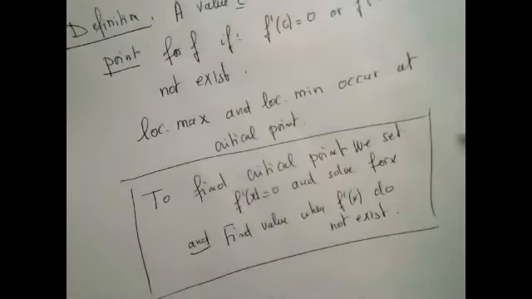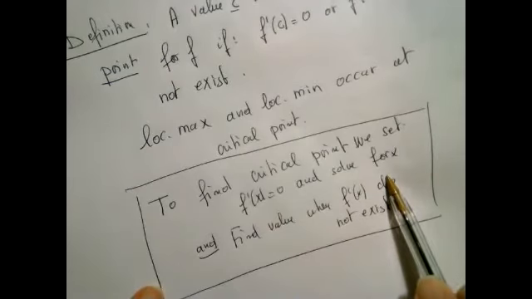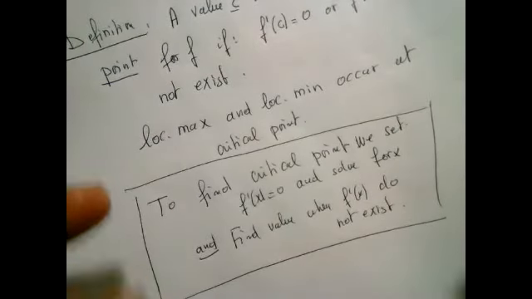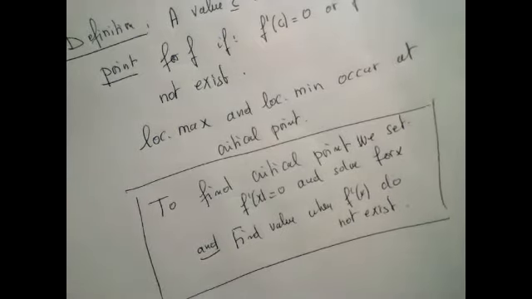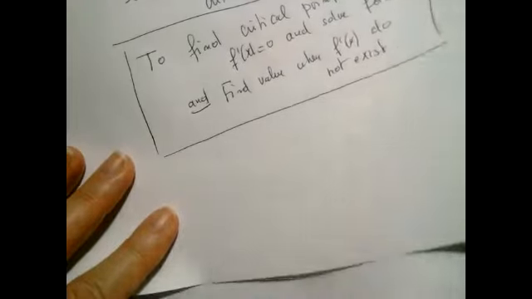Okay, so how do we find the critical points? We set the derivative equal to 0 and solve for x. At the same time, we look at the function and ask, is there a value of x where the derivative doesn't make sense? And we look for those also. So let me take a small example to elaborate this. I will take two simple problems.